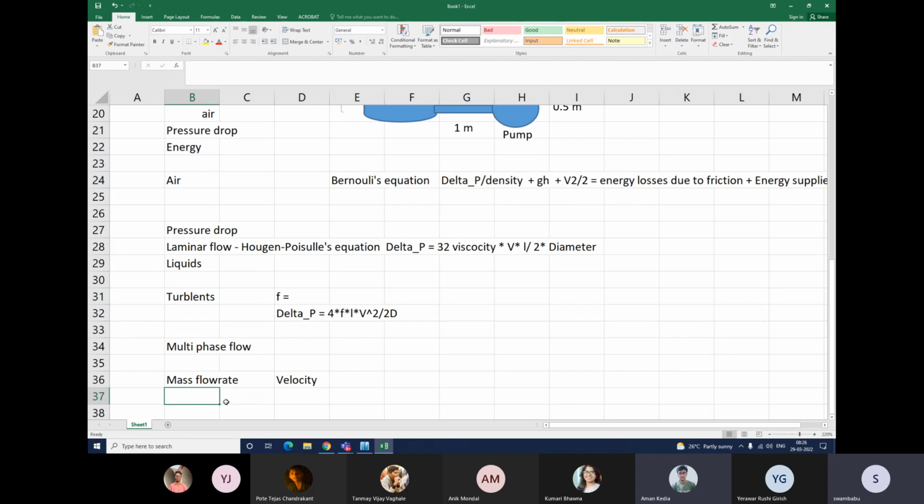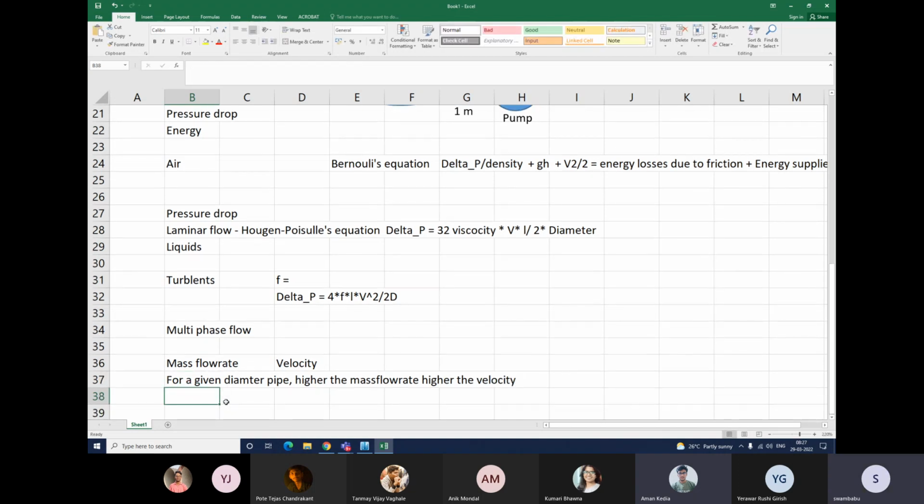For a given diameter pipe, the higher the mass flow rate, the higher the volumetric flow rate, and the higher the velocity.